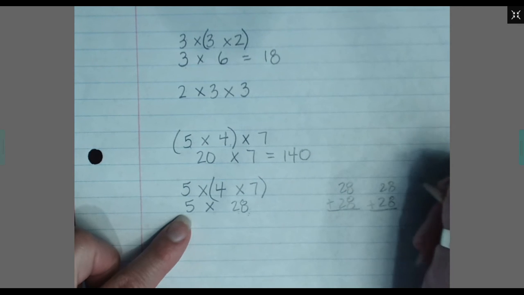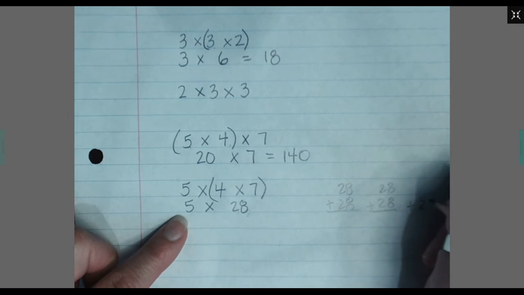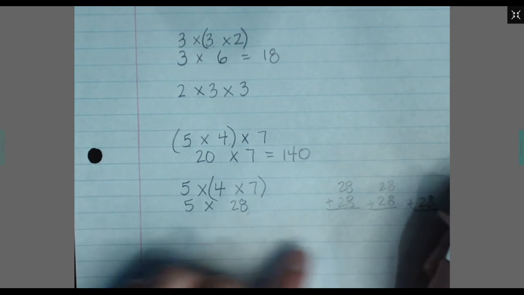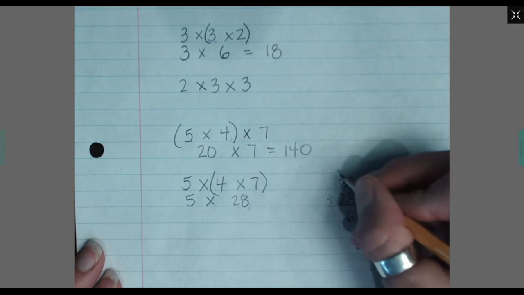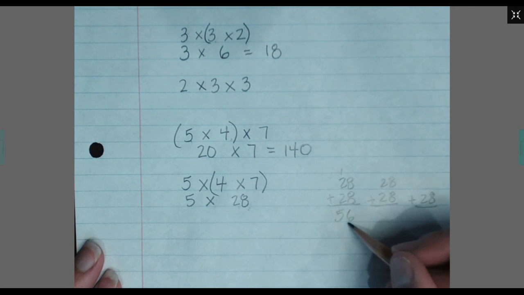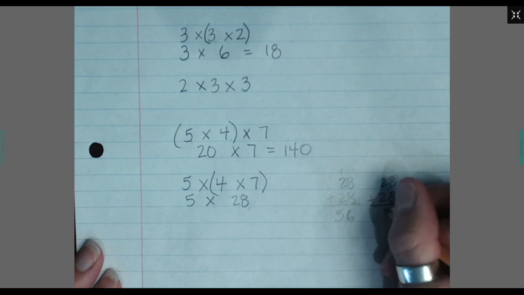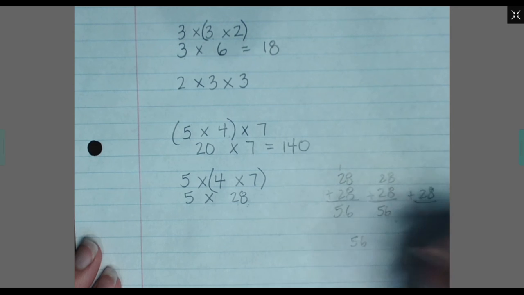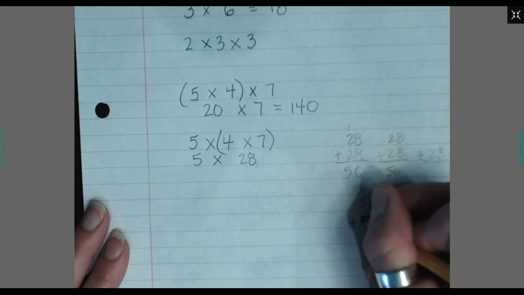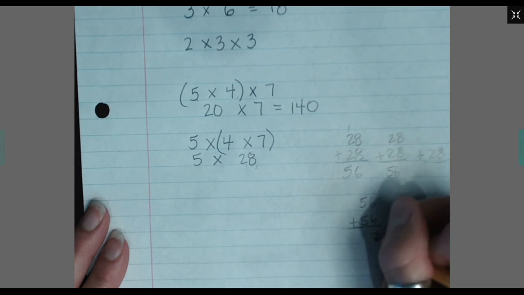So if I have 28 plus 28, that gives me 56. And then I add those two together, 56 plus 56, which gives me 112, and I have to add one more 28.